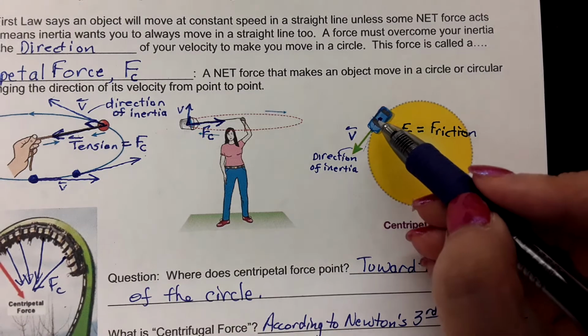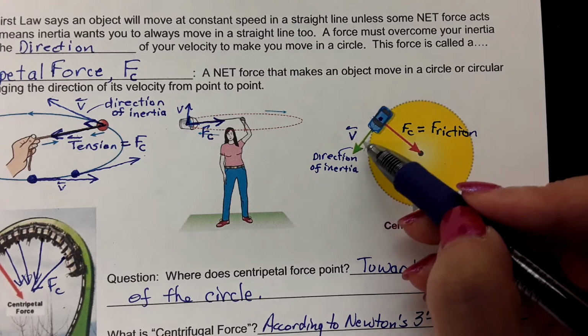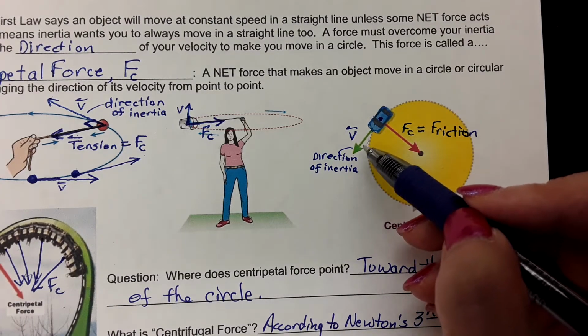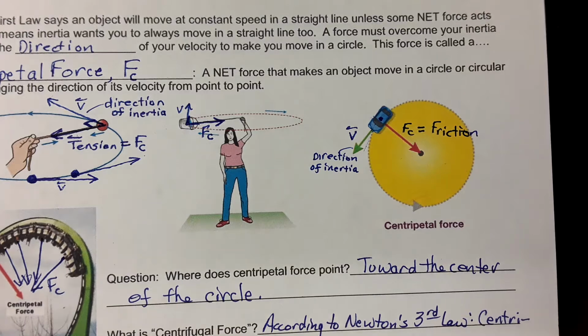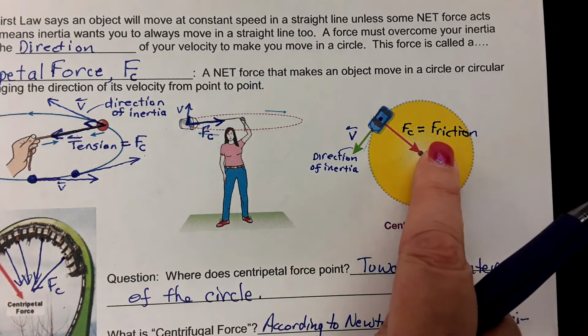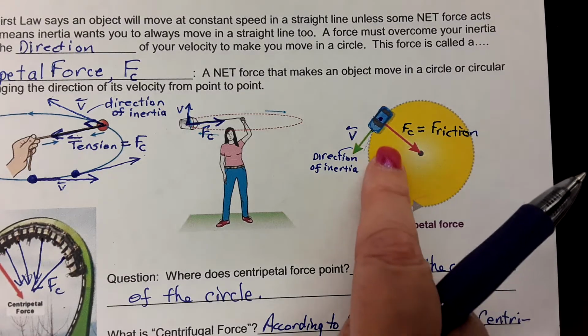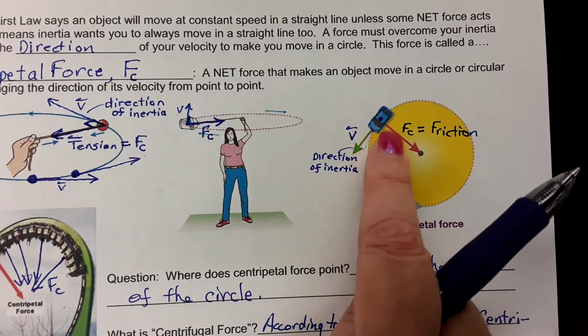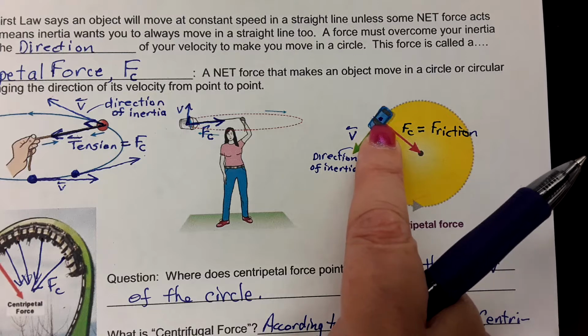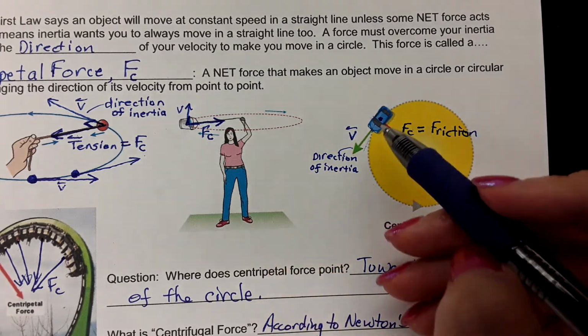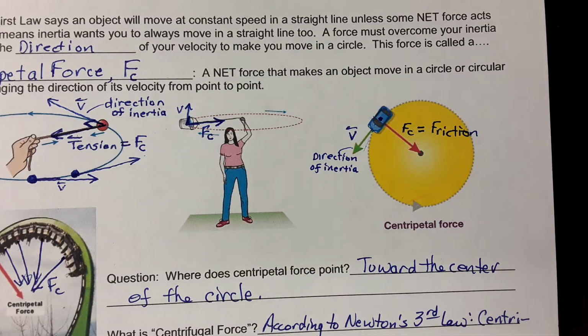Now, the direction of the velocity is tangent to the circle, and that's the direction of the inertia. So if the road were too slick, in other words, if there weren't enough static friction between the tires and the road, then it wouldn't stay moving in a circle. It would go sliding off the road along the tangent vector, okay?